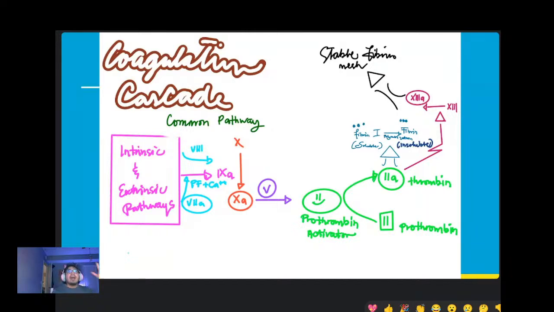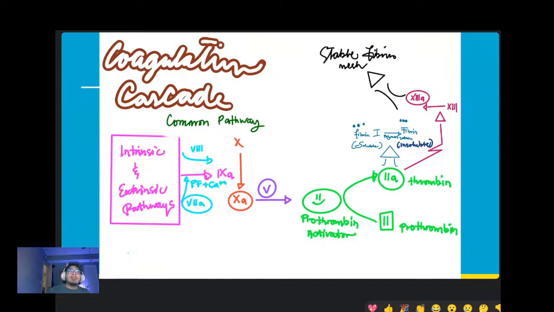So it starts with factor 10. Factor 10, with the help of factor 5, will react with the prothrombin activator. That prothrombin activator will change its steric formation to form an ear or a receptor. I call it an ear for prothrombin, which is also known as factor 2, to become activated factor 2. Activated factor 2 is also known as thrombin.